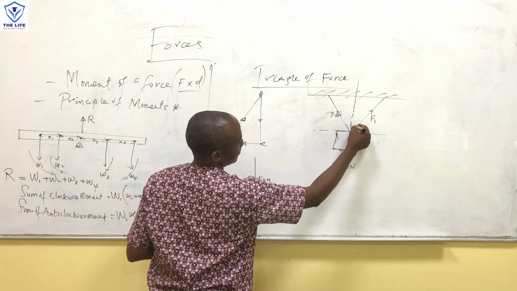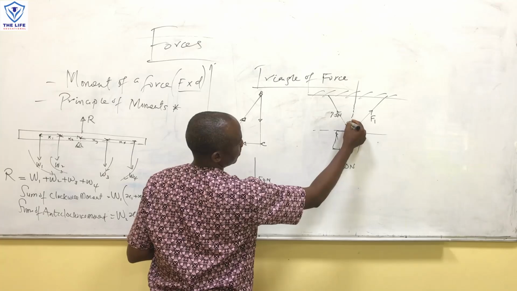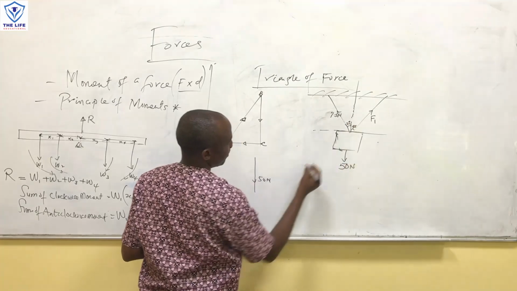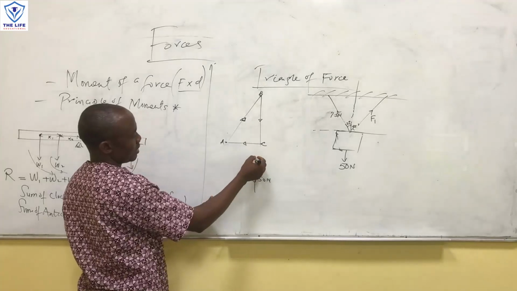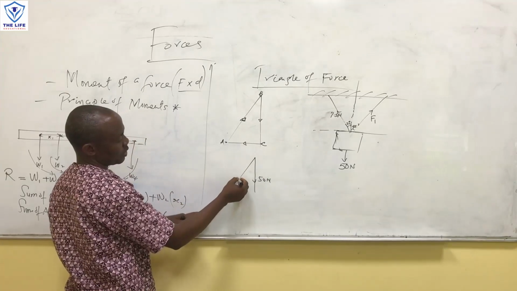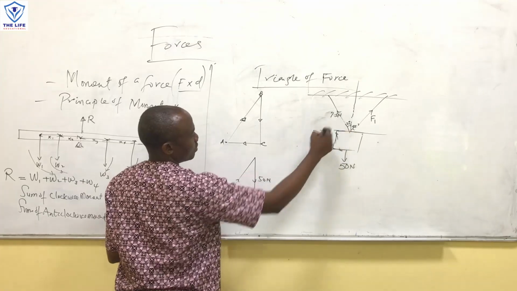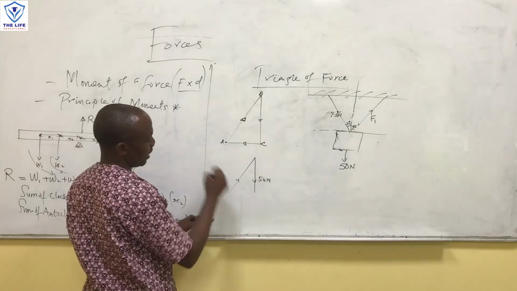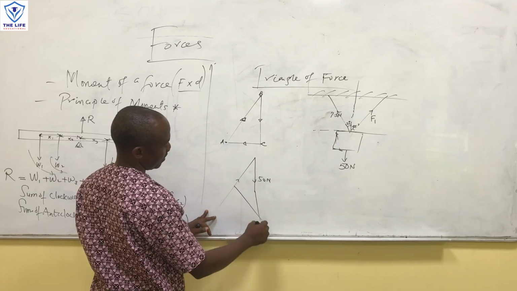Let's say this is 45 and this is 30 degrees, okay? F1 is acting this way. And the last one, which is 7.5, is going this way.